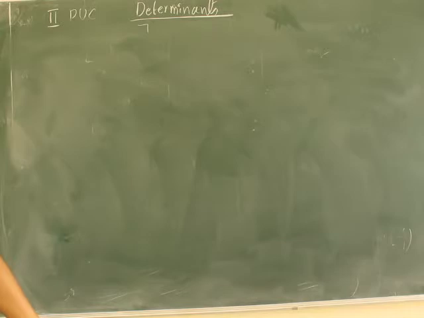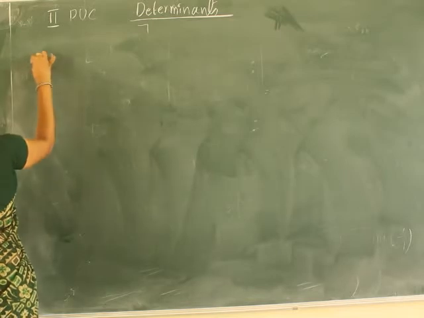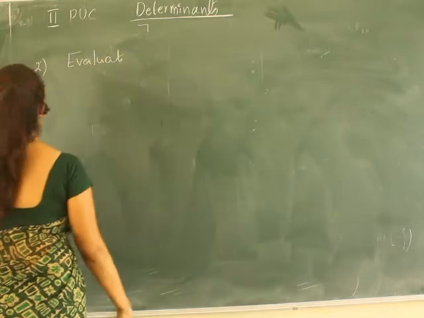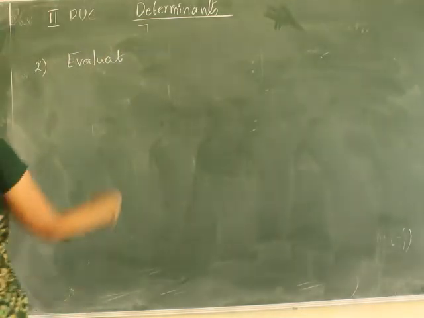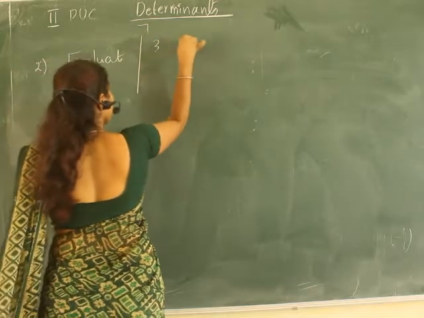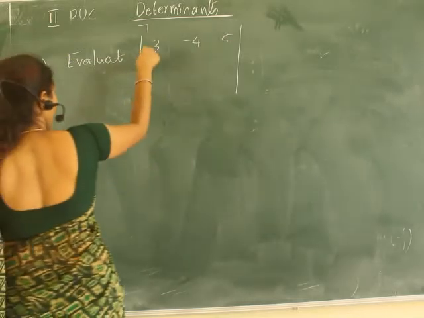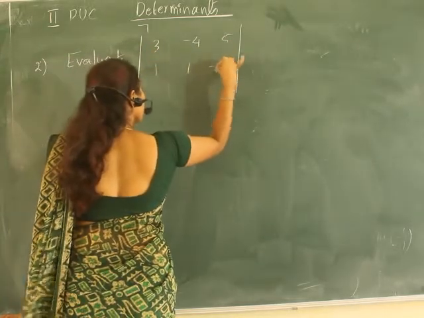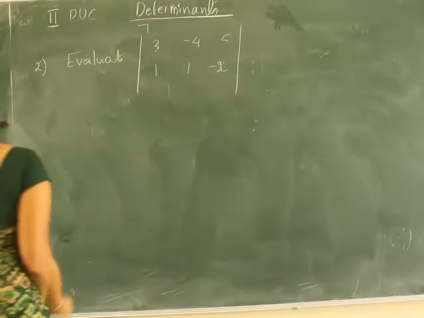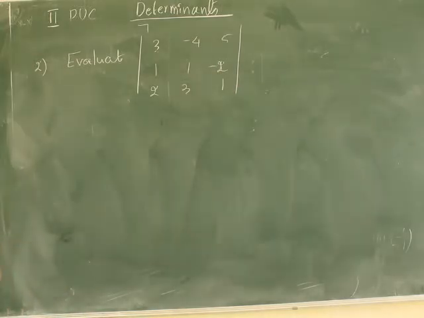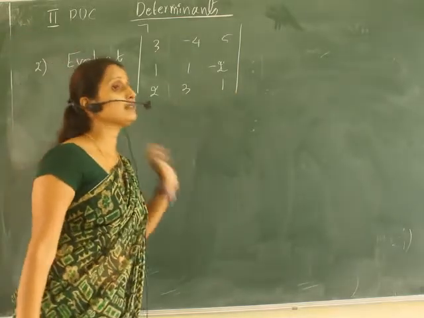So one more example I am going to give: evaluate the determinant with rows 3 minus 4 5, 1 1 minus 2, 2 3 1. So this is the given matrix. Now we have to find out the determinant. You see the symbol, it is the symbol of determinant.